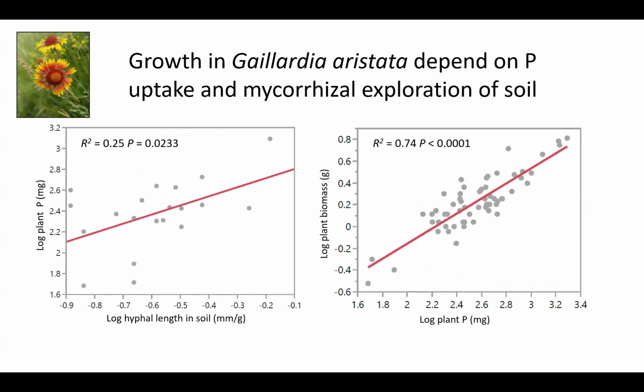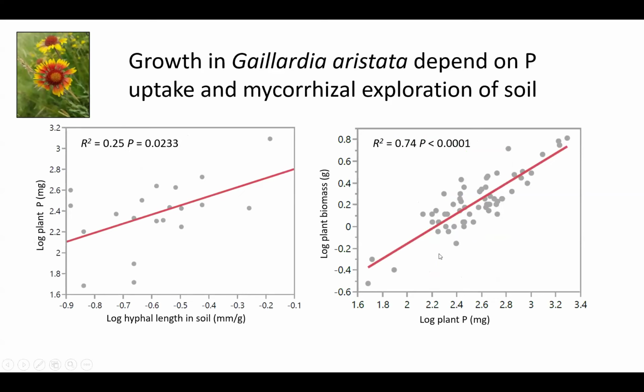I just wanted to include here a plant that's of special concern in Minnesota. This is Gaillardia aristata, or blanket flower. If you look at the graph on the left, a typical pattern that we see for plants, and this is especially demonstrated by blanket flower, is that the more AM fungal hyphal length you have in the soil, so the more colonization you have of the soil, the greater you see the phosphorus content in the plants.